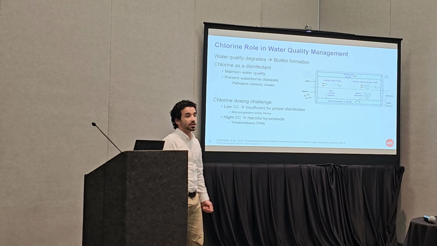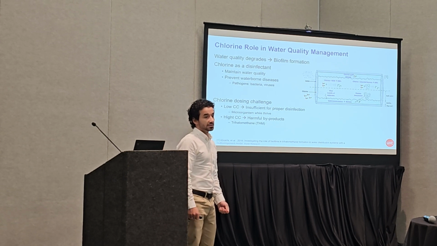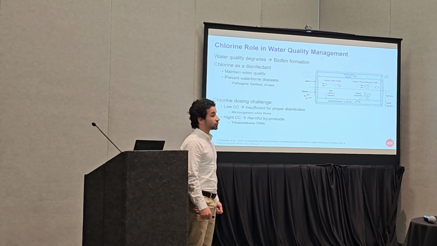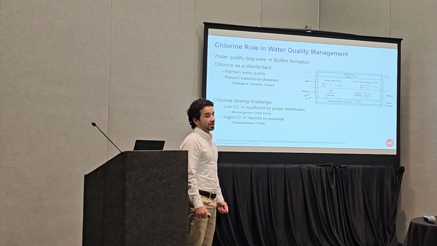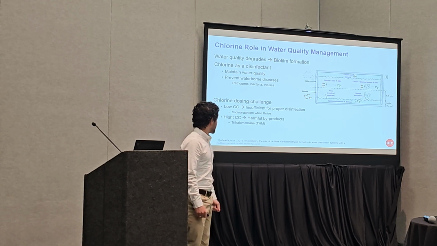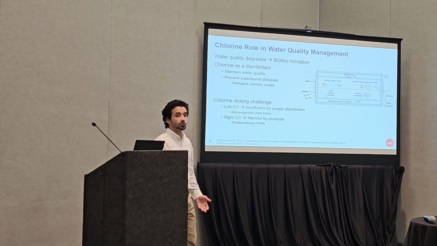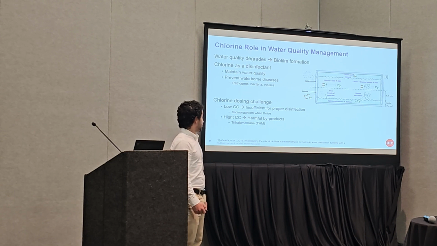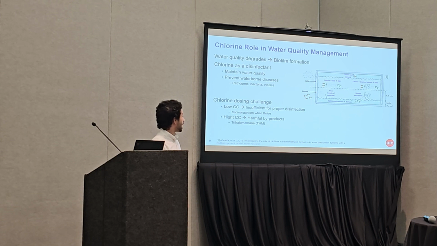However, adding more chlorine will not make water cleaner. In fact, there is a challenge in appropriately determining the chlorine dosage, because low chlorine concentration will be insufficient to disinfect water, and high chlorine concentration will increase harmful byproducts like trichloromethane.